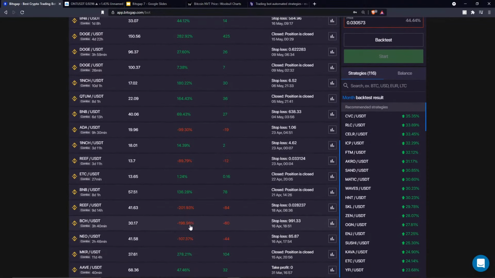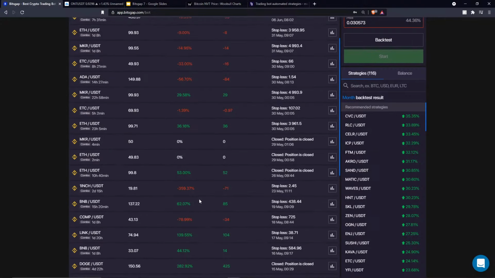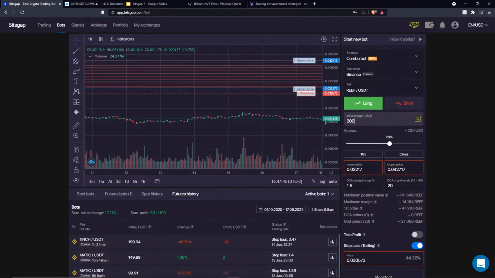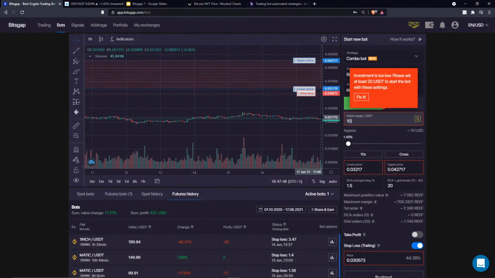So that's exactly what happened with me here. You see, I lost almost twice, and here also almost twice, but in most cases that's just 100% in my case. So keep in mind that when you trade the combo bot, as you allocate $100, the average maximum you can lose is up to 200. If you allocate 300, then you expect that you can lose 600, for example.